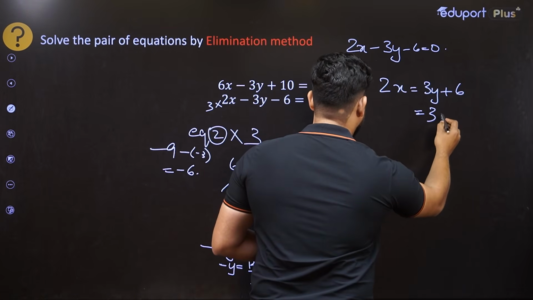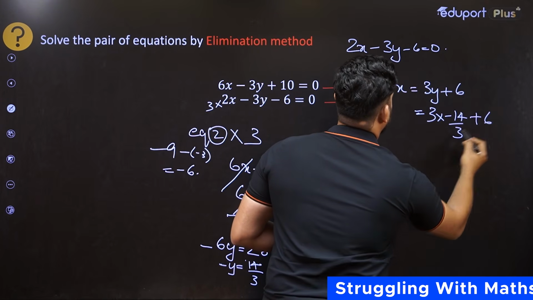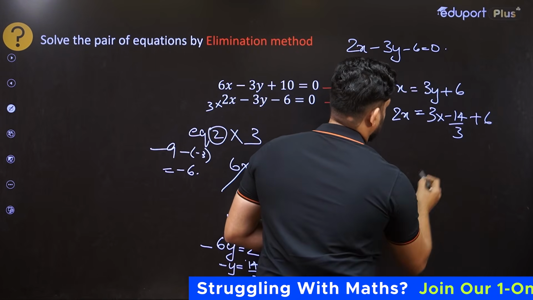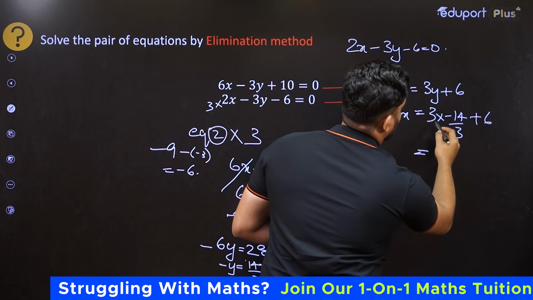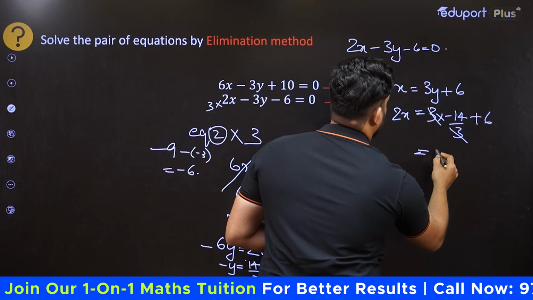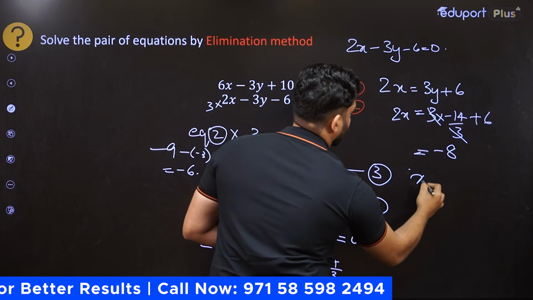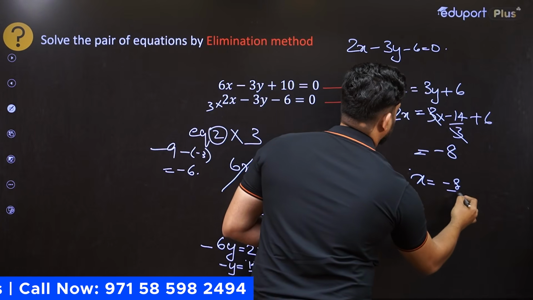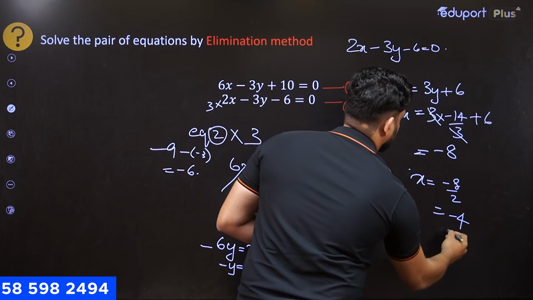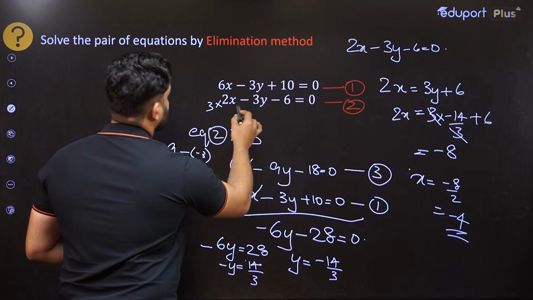That is 3 into minus 14 by 3 plus 6 will be the value of 2x. That is, if you cancel this, minus 14 plus 6 is minus 8. That is, 2x is minus 8. So the value of x will be minus 8 by 2. That is minus 4.